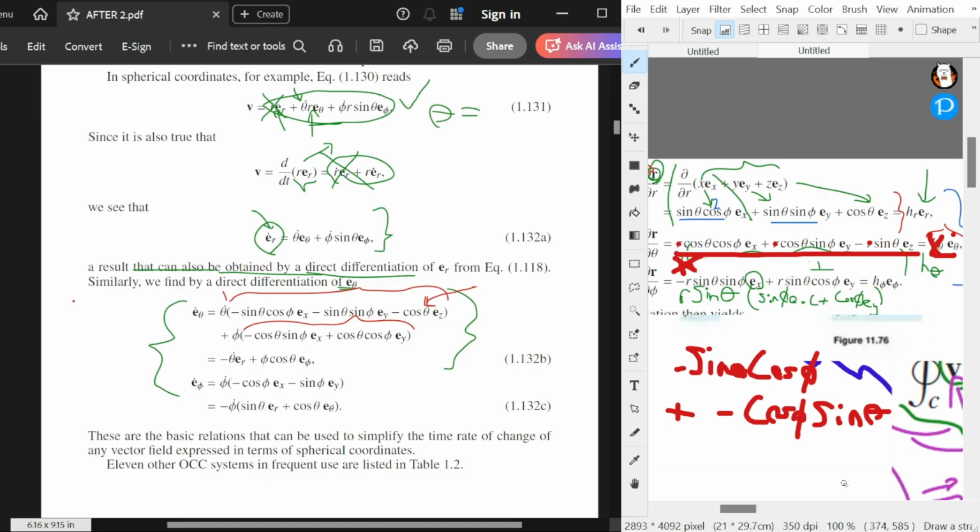You add that to minus sine phi sine theta because sine doesn't change. So that's this.